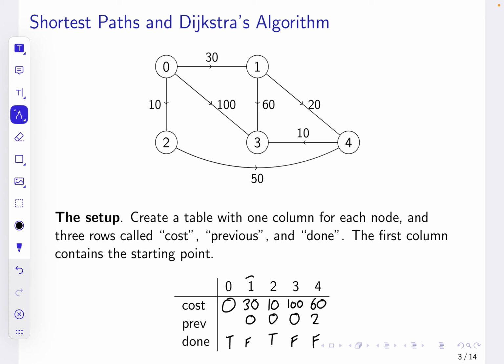Smallest weight is node 1. 30 is the smallest of the numbers in the cost row that isn't already marked as done. And also, I'll take a moment to highlight that when you're at this step of the algorithm, the lowest number in the cost row that isn't already marked as done is actually the weight of the shortest path to that node.